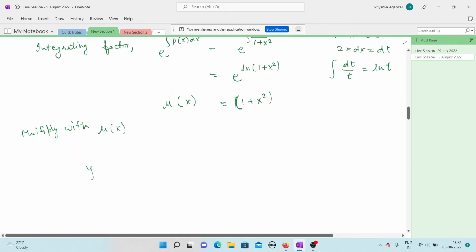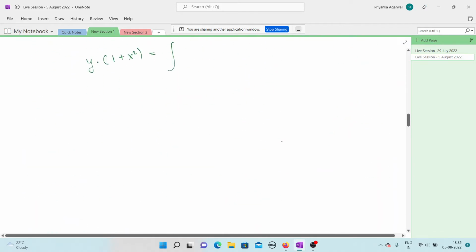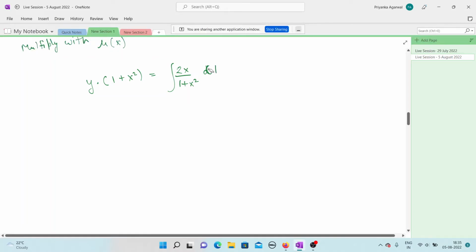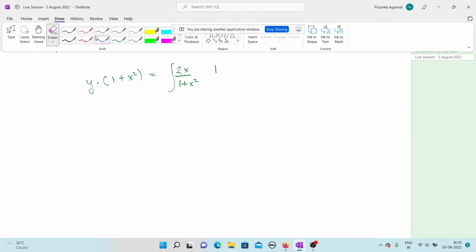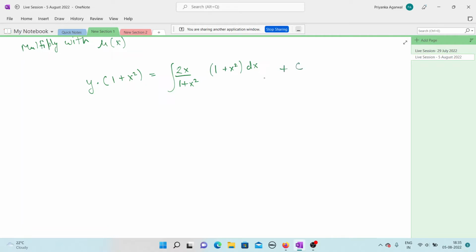So this will be y into 1 plus x square equals the integral of this term g(x), which is 2x over 1 plus x square, into the integrating factor, plus some constant.